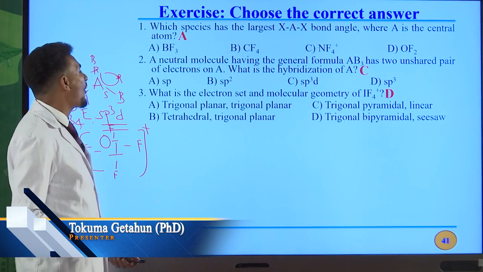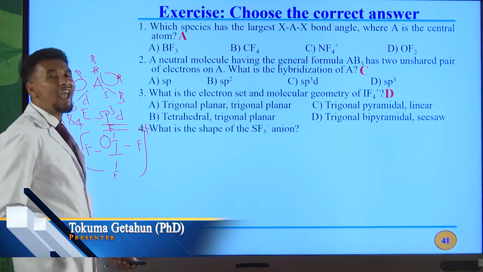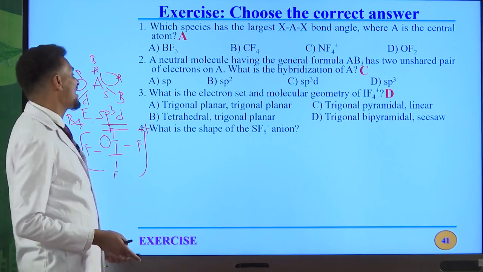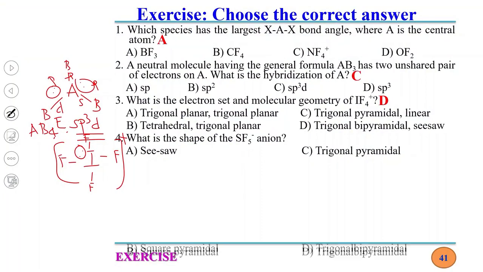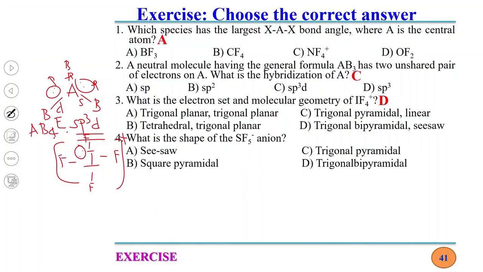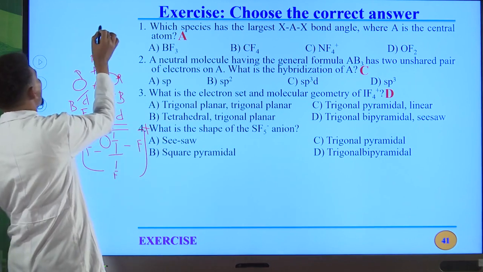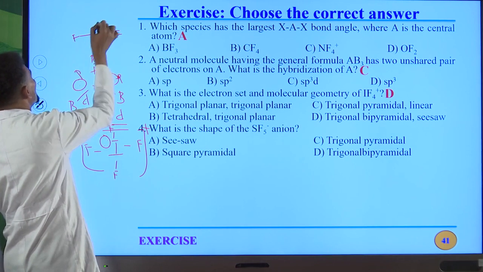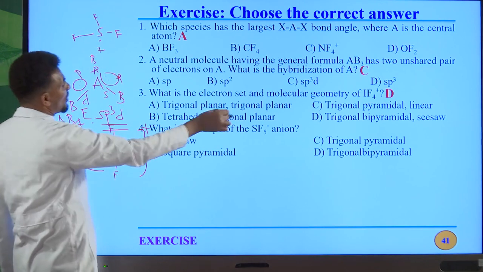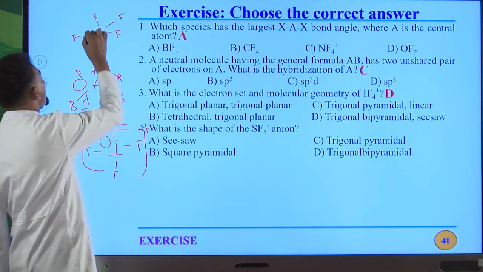Question number 4 says, what is the shape of SF5 minus sign? Try to draw the Lewis structure just to predict the shape of this molecule, both electronic geometry as well as molecular geometry. Sulfur has 6 valence electrons and 1 electron is also added. So we have 5 fluorine atoms. Try to draw the Lewis structure. 5 fluorine atoms: 1, 2, 3, 4, 5. How many lone pairs of electrons?